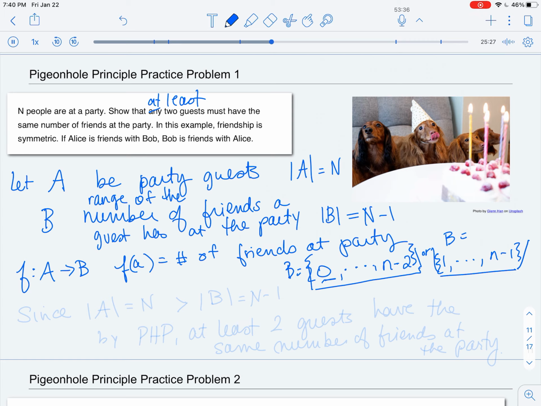Our holes, B, are just the number of friends that a guest has, which will be either 0 to n-2 or 1 to n-1. And since the number of guests is greater than the range of the number of friends that people can have at the party, by the pigeonhole principle, at least 2 guests have the same number of friends.